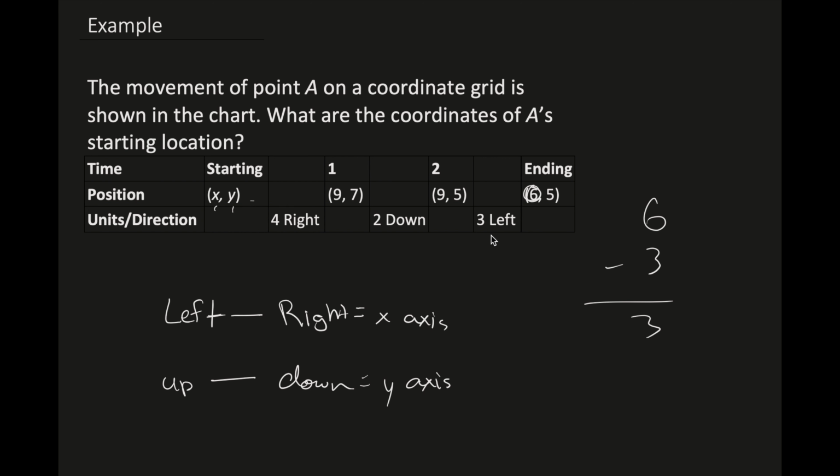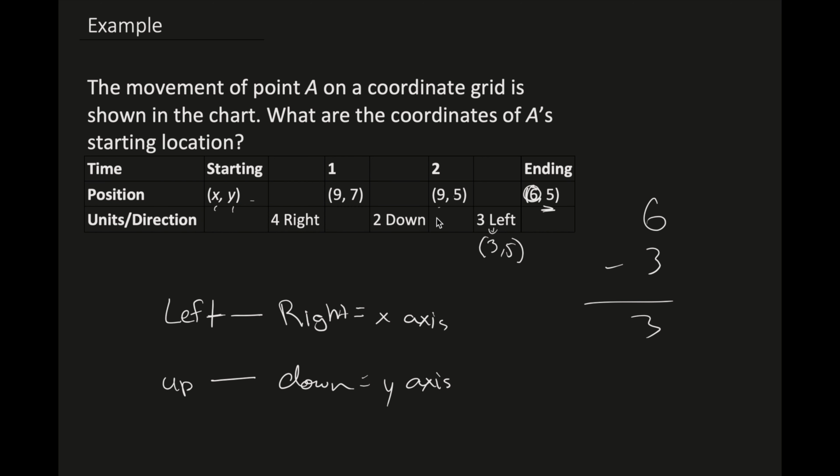So our coordinates here are 3, and then, since we didn't change anything with this, coordinates stay the same. Now we went to 9, 5. 9, 5, right?